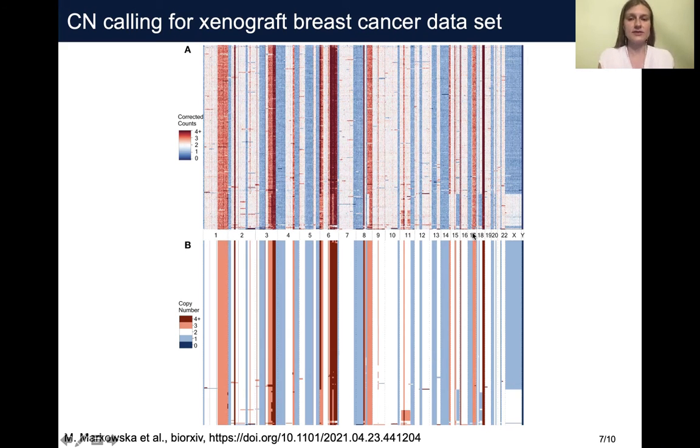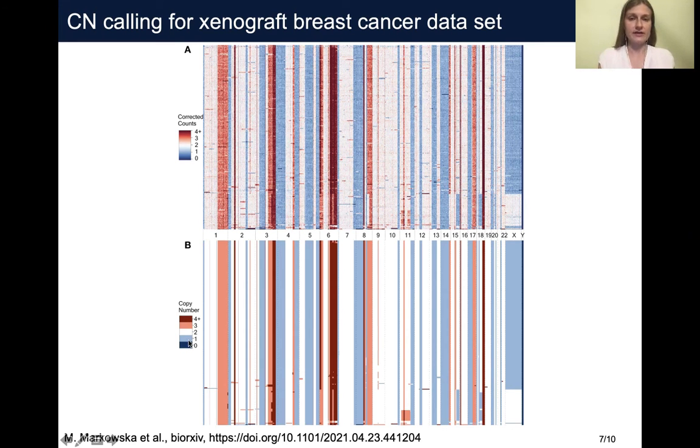In columns, we can see genomic regions, and in rows, we can see single cells, and the cells are ordered the same way in both heat maps. The coloring is also similar for both heat maps. 0 means neutral copy number, shades of red mean amplifications, and shades of blue mean deletions.